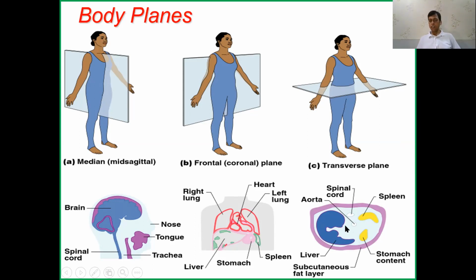This is the liver, this is the aorta, this is the spinal cord on the back side, this is the spleen, this is the stomach, and this is subcutaneous fat. So these are the different planes in which we sometimes see our organs. We sometimes see the brain from the sagittal plane, sometimes from the transverse plane also.